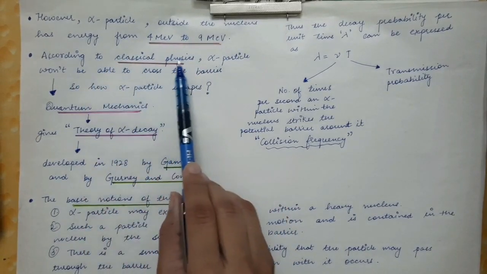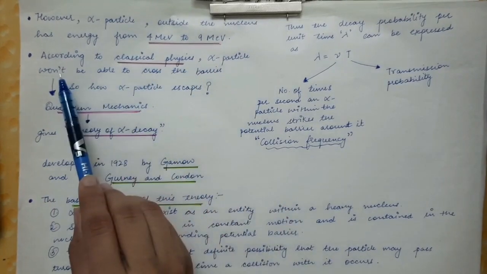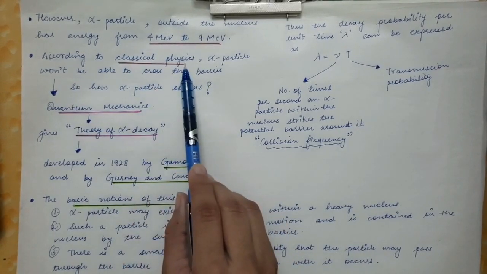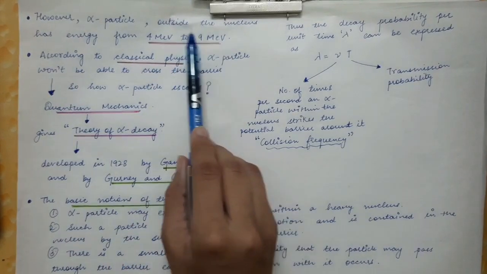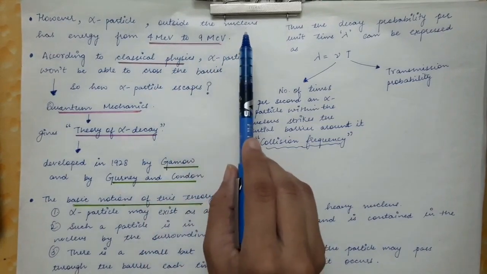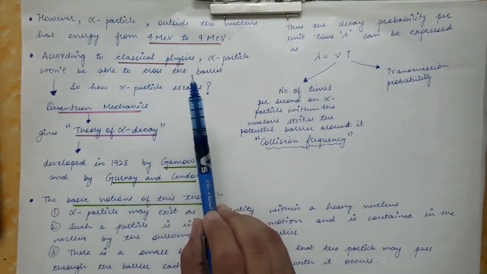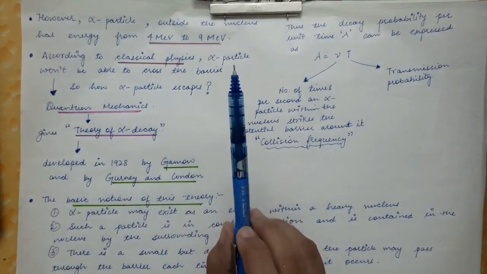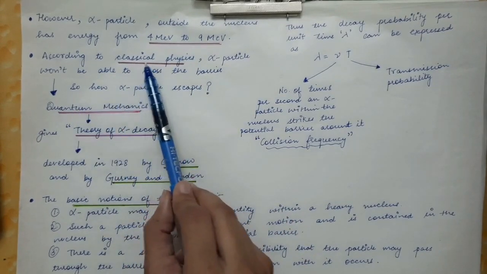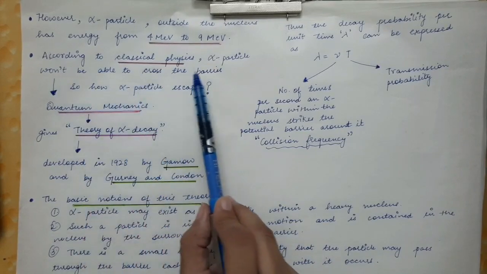So according to classical physics, the alpha particle won't be able to cross the barrier. Classical physics says that when the energy of the particle is less than the energy of the potential barrier, then it is impossible for the particle to escape that region.